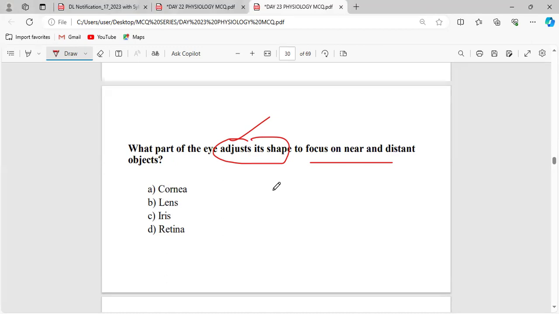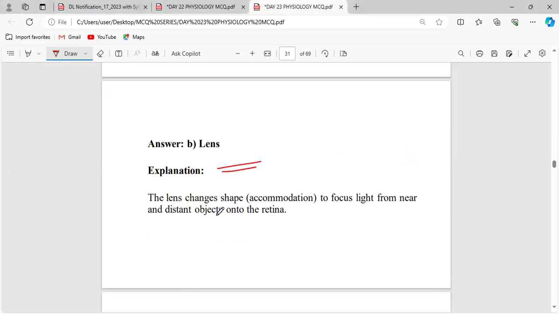It is the one making the pupil also change its structure. That will be the lens. See, this is the one that changes shape according to the light, to focus the light from near and distant objects onto the retina, right?